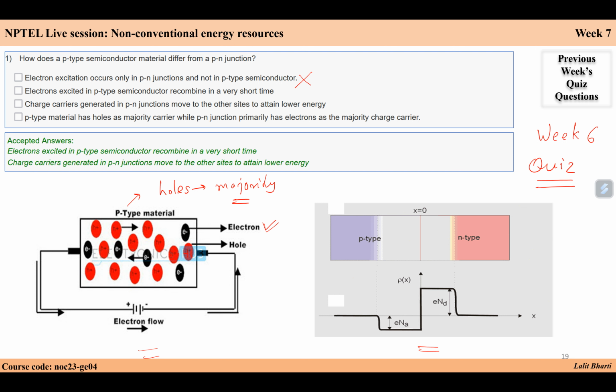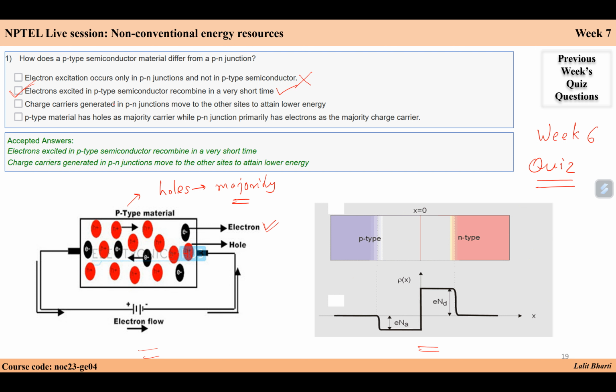Free electrons can be created and get excited, but they recombine in a very short time. So this statement is correct. Option 2 is correct.